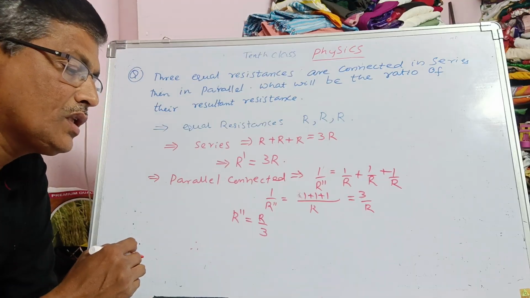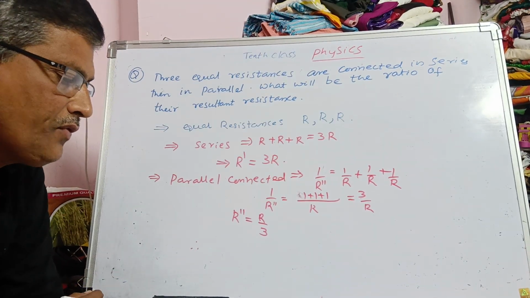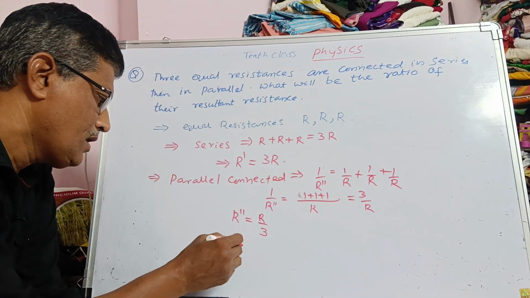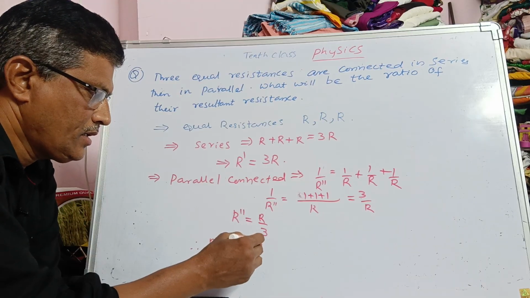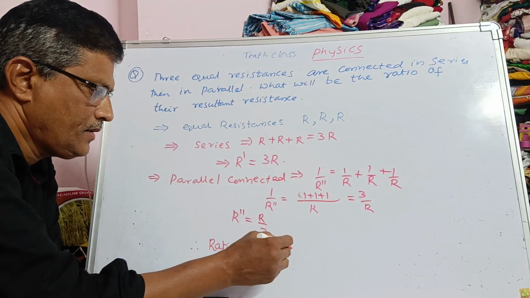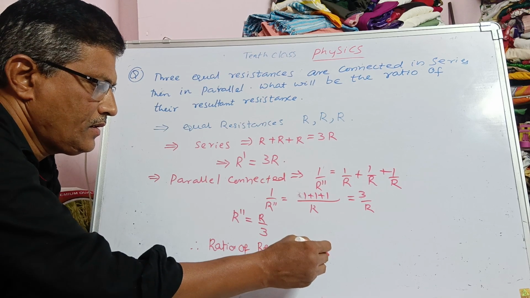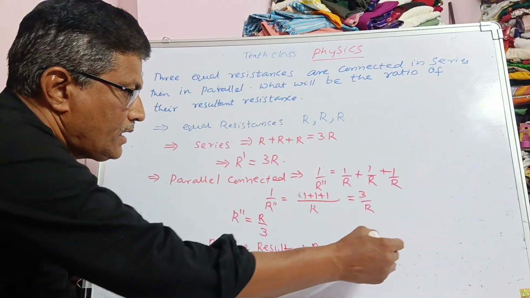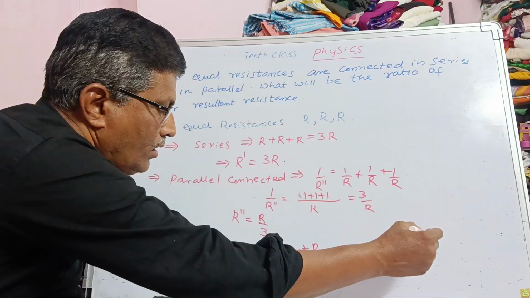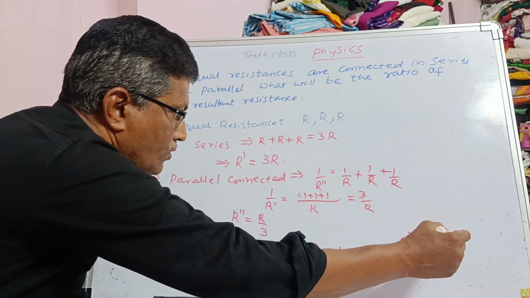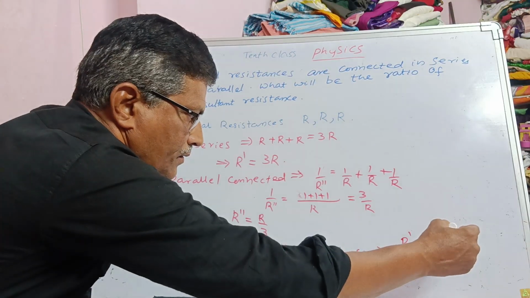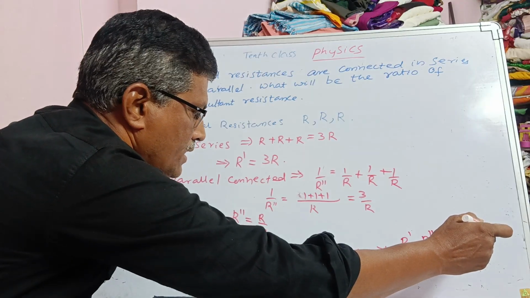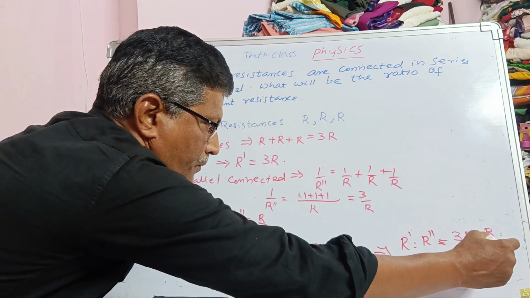And the ratio of these, the ratio of resultant resistances of series connection and parallel connection, implies that R dash is to R double dash is equal to 3R is to R by 3.